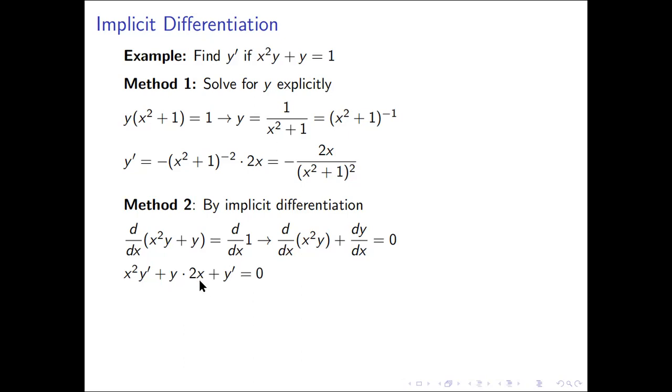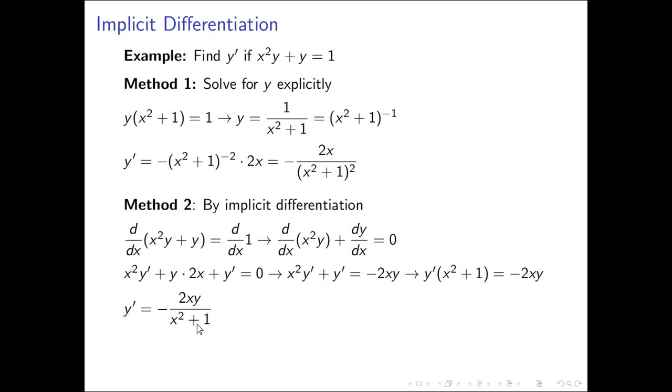So we transpose this one, giving us this equation, which we can solve for y prime by factoring out y prime, then dividing by the factor here. This gives us y prime equals negative 2xy over x squared plus 1.